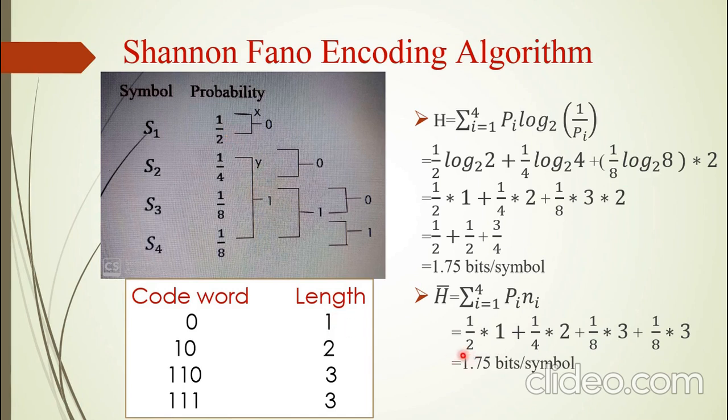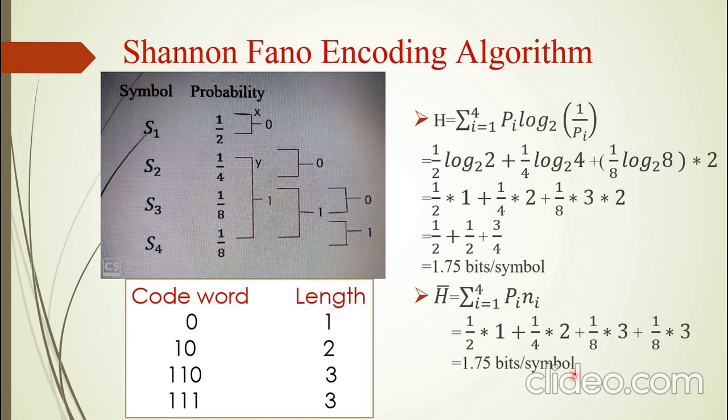So 1 by 2 into 1 plus 1 by 4 into 2. The second symbol has probability 1 by 4 and the code word length is 2. Plus the third one is 1 by 8 into code word length 3, and the fourth probability is 1 by 8 also and its code word length is 3. So if you calculate this, you will find it is 1.75 bits.